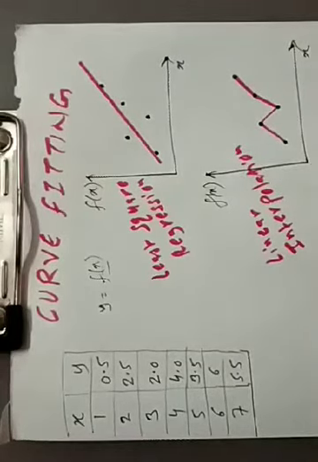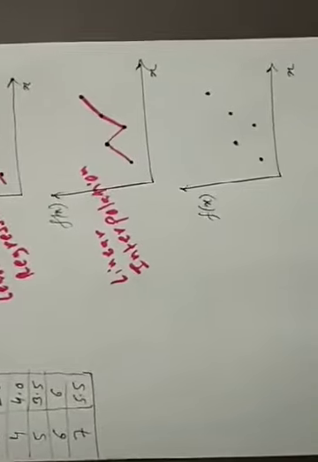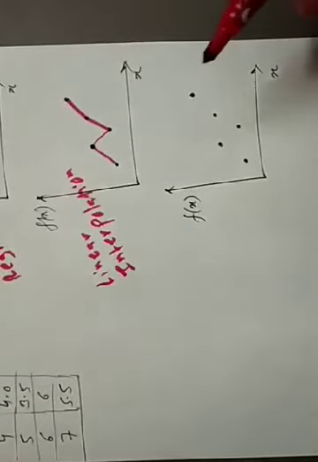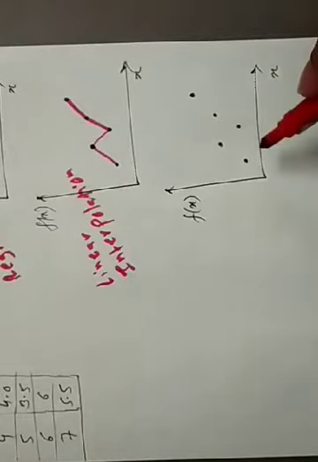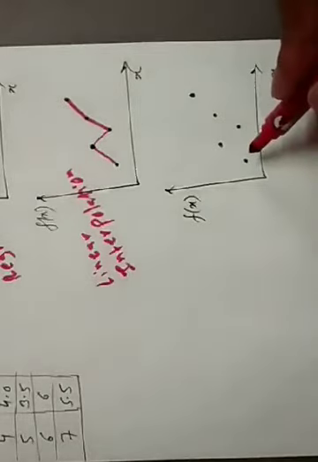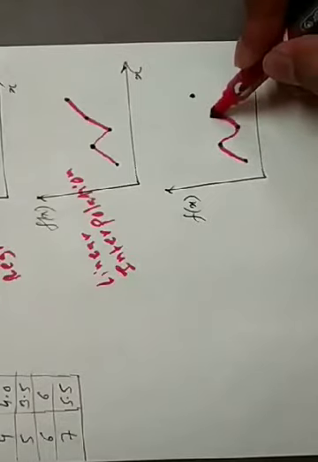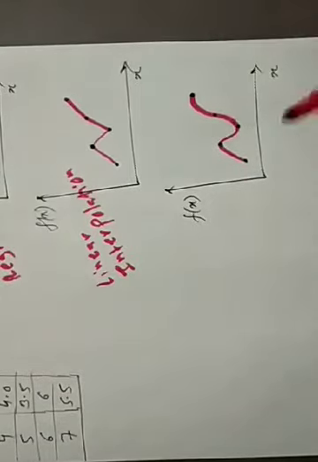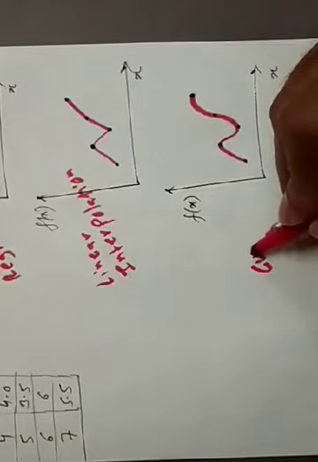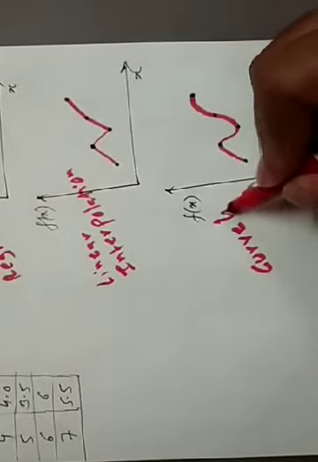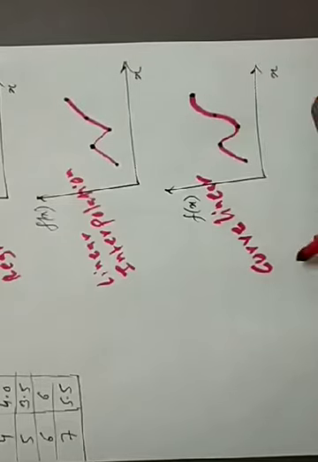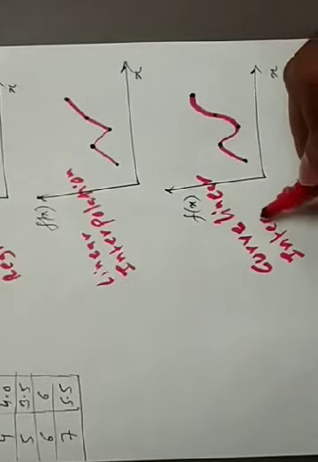Okay, and third method is, now the points are same. Here we will join these points with one, say, second degree curve or parabola like this. So this is called curve linear interpolation.